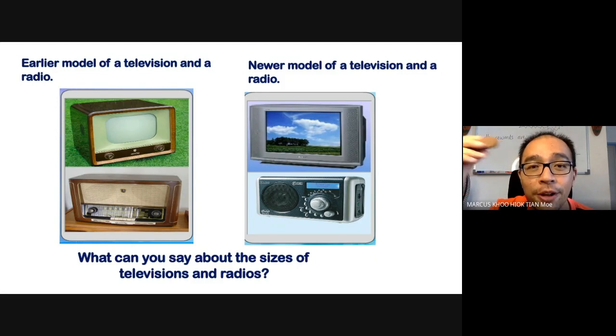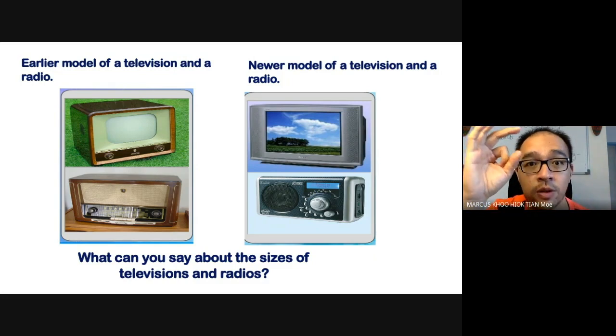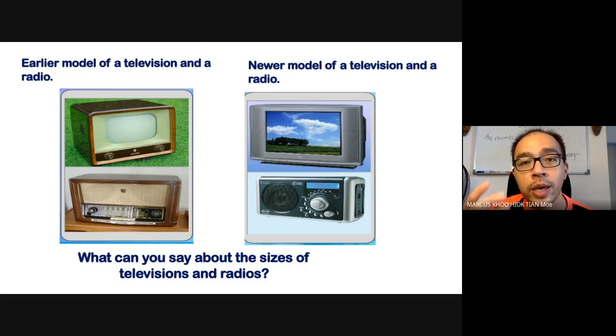That's 0.5 gigs. But now we can have pen drives that are super tiny, not even called pen drives anymore. We call them memory cards. They can hold up to terabytes of information. That's how the technology of electronics has progressed. We are making better and better things, but on a smaller and smaller scale.